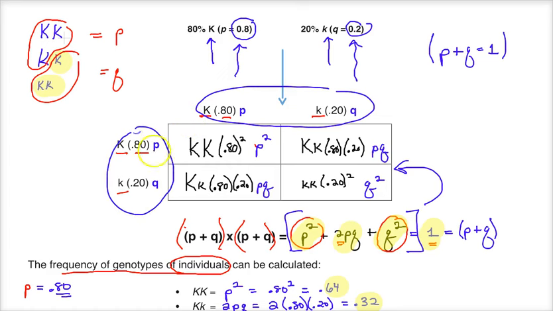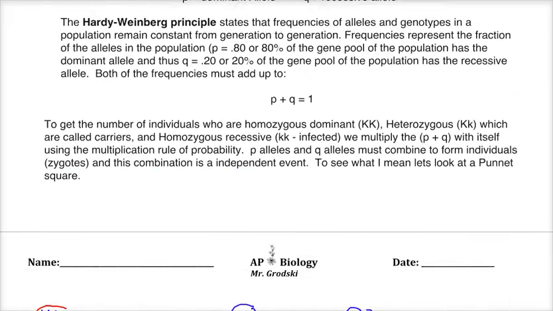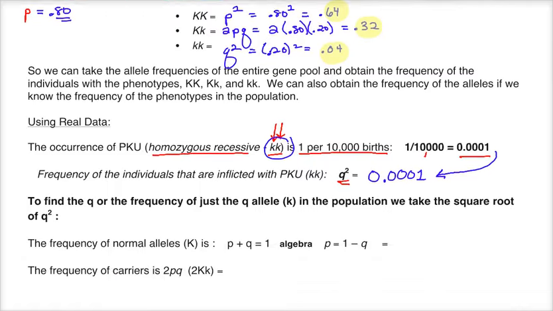So the p's and q's are the total frequencies of the alleles in the population. This is the frequency of the entire phenotypes, or genotypes, of the people.